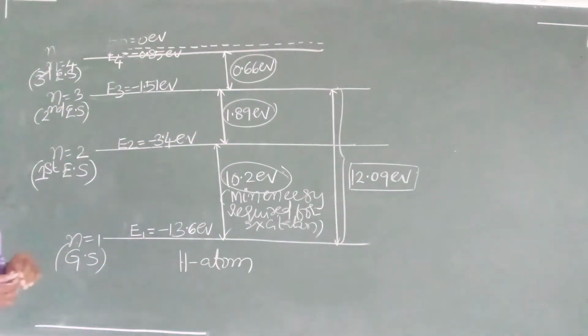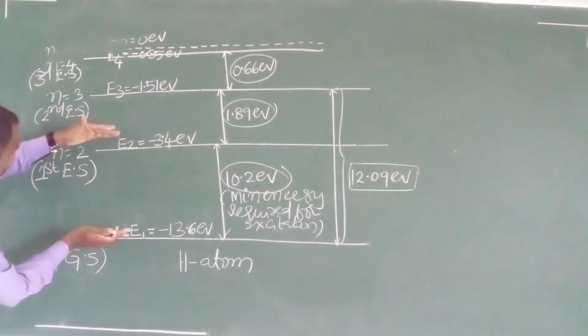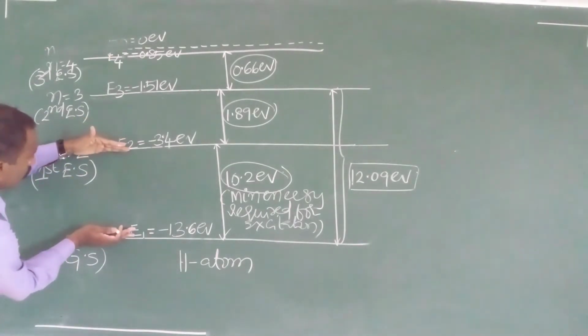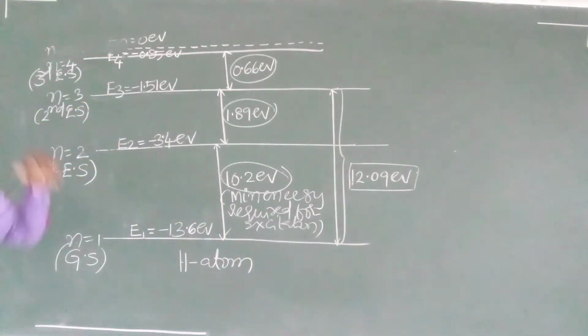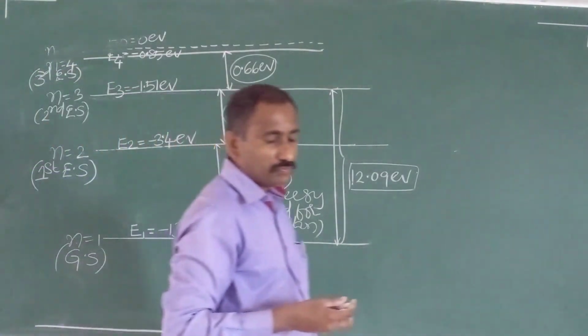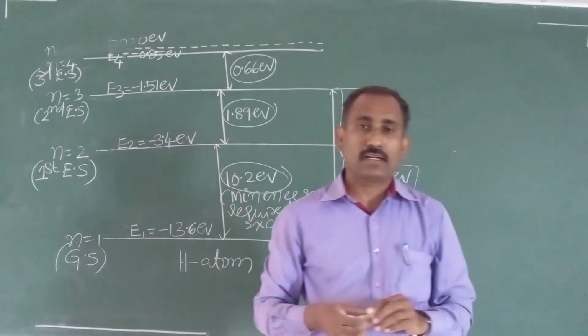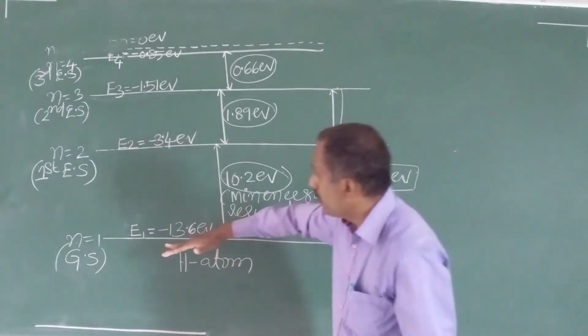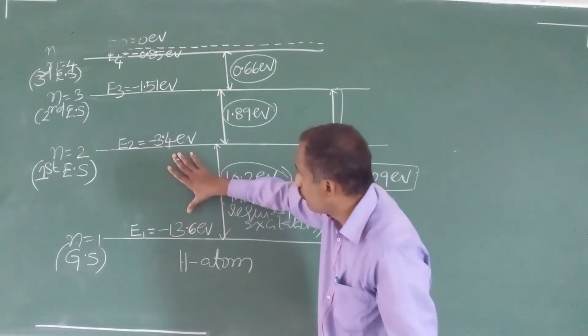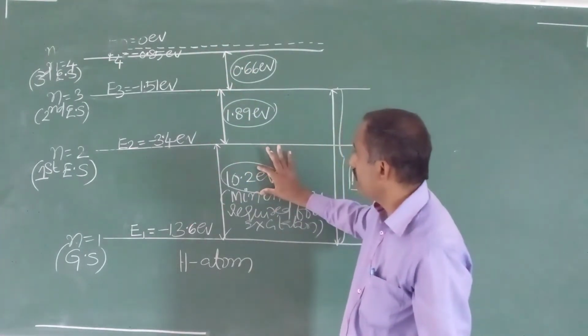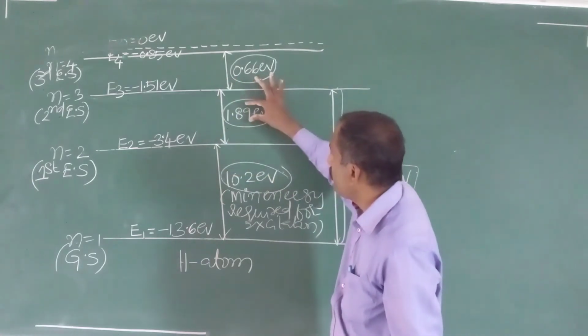That's why in the hydrogen spectrum also, between the first level and second level we showed more gap, next less gap, next less gap, next very less gap. So already we practiced the hydrogen spectrum. In the hydrogen spectrum, if you are moving to higher levels, between first and second level there is more gap because more difference. Second and third, less gap because less difference.